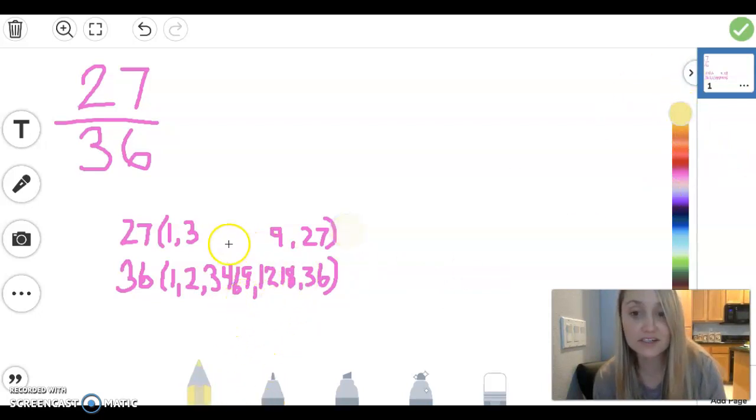As you can see here, we do have two numbers in common. We have 3 and then we have 9. So 9 is our greatest common factor, and that is the number that I'm going to choose.